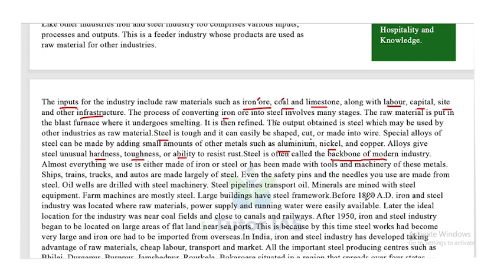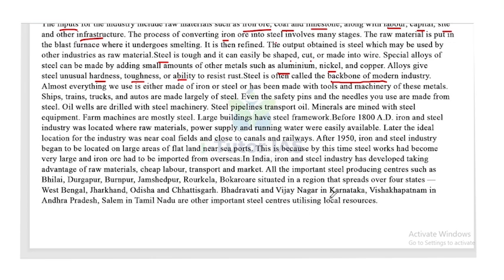Before 1800 AD, iron and steel industry was located where raw materials, power supply, and running water were easily available. Okay, so before 1800 AD, the iron and steel industry was located mainly because of the availability of raw material, power supply, and running water. But later, the ideal location for the industry was near coal fields and close to canals and railways.